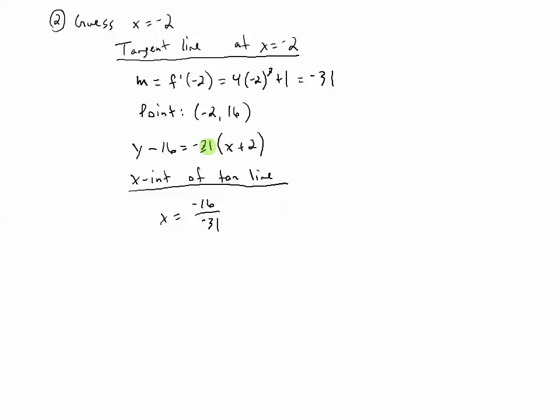Divide negative 16 by negative 31 and then subtract 2 to get x by itself. And that ends up being negative 46 over 31. Now that's our third iteration of Newton's method to approximate the x-intercept. So we'll guess that the x-intercept is negative 46 over 31.